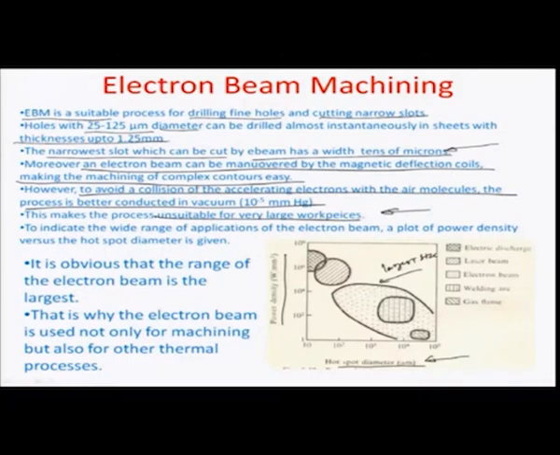The other machining processes are quite limited, as you can see here: electric discharge, laser beam, in fact welding arc, gas flame, so on and so forth. The e-beam by and large has the largest range of the different values of power density and hotspot diameters.